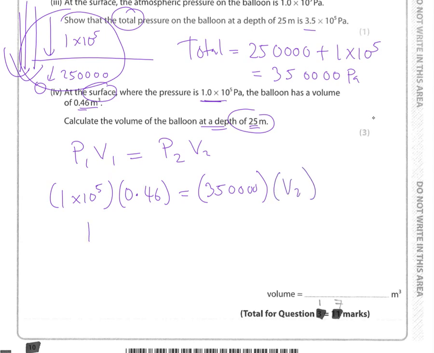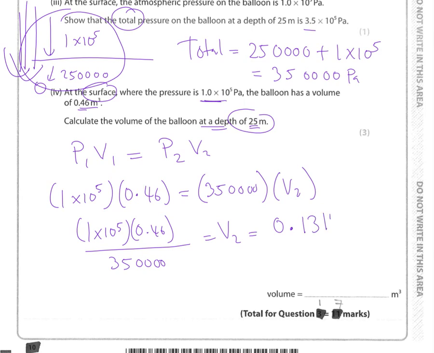Okay, so now we need to be careful when we rearrange. Let's go with the whole thing divided by this much, and V2 is going to be 0.1. Okay, so that is the answer.